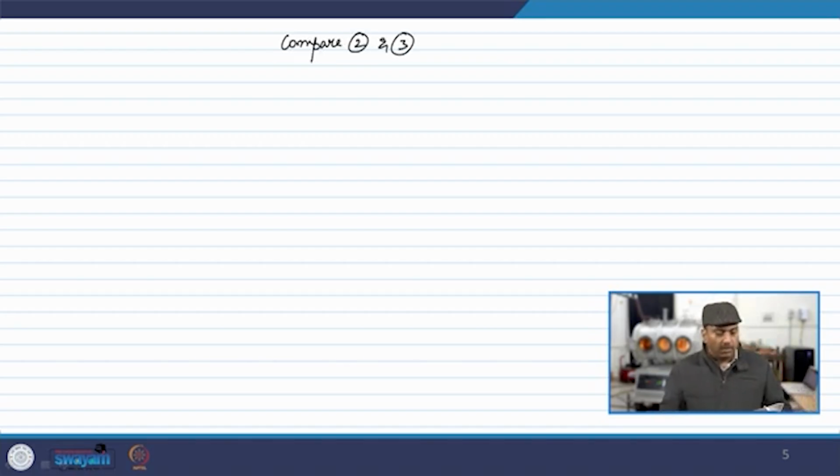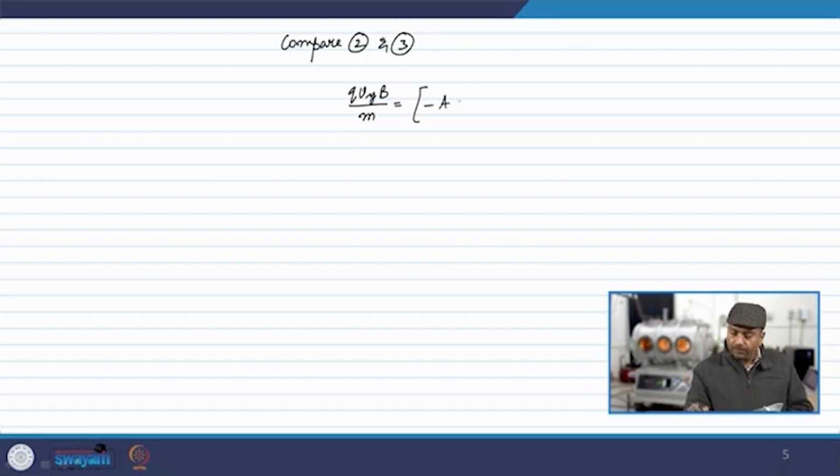Both of them are pretty much the same. Then we can write q Vy b by m is equal to minus a sin omega t plus b cos omega t multiplied by omega.